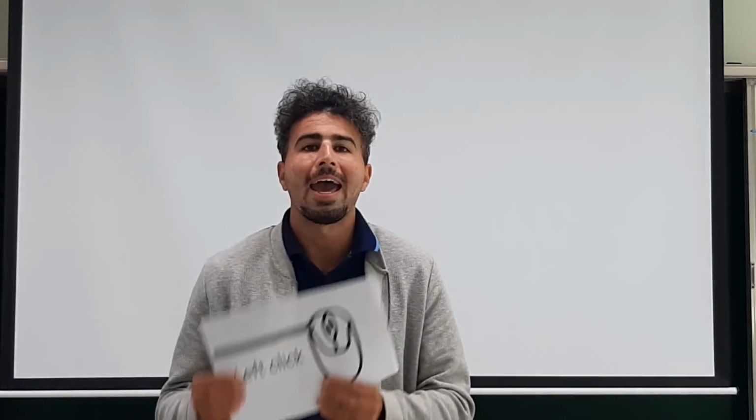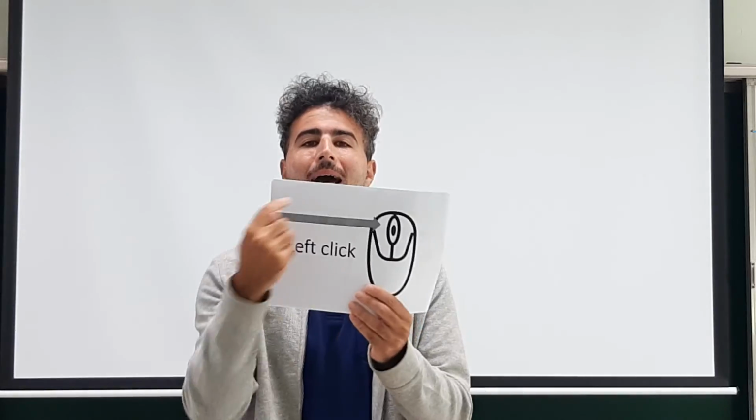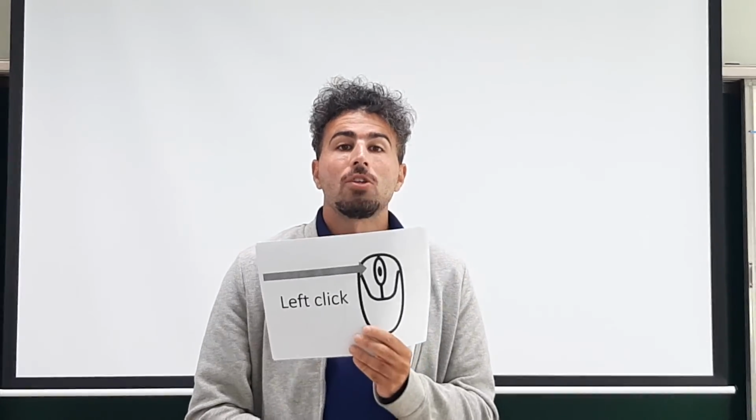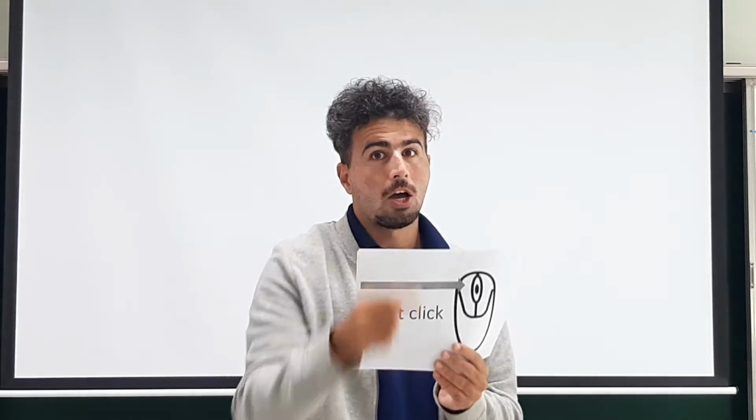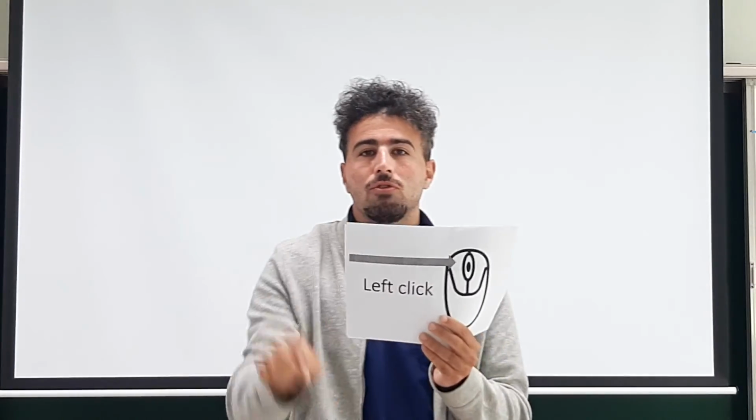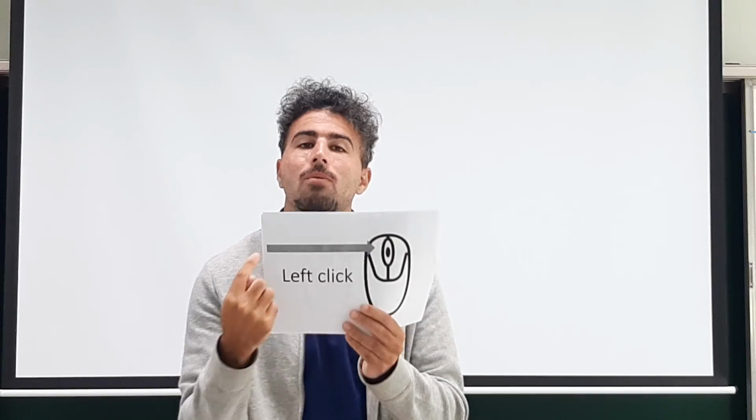So at home, I want you on your paper to draw a mouse. Can you draw a mouse like this? I want you to look at the video and the words, look at the PowerPoint at home, and draw a mouse and label it.